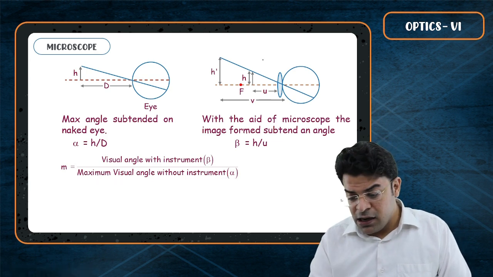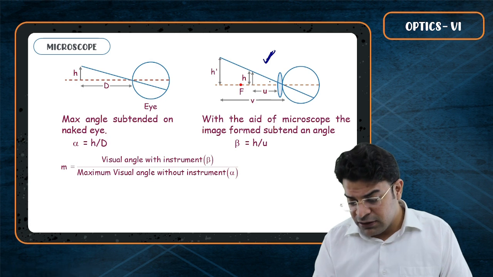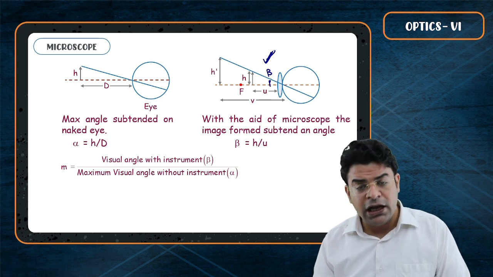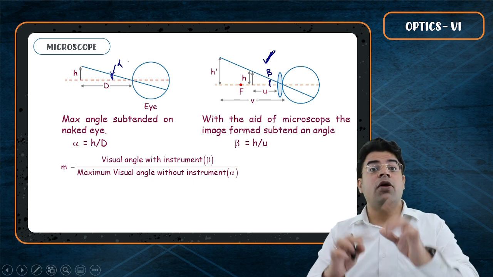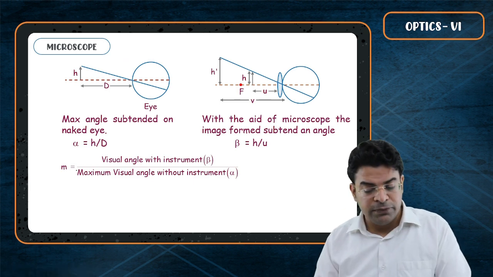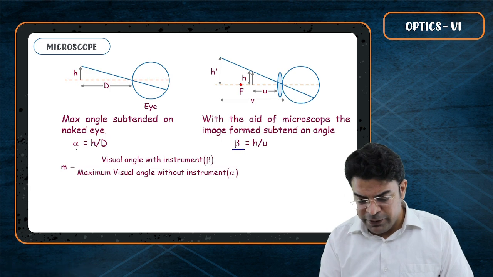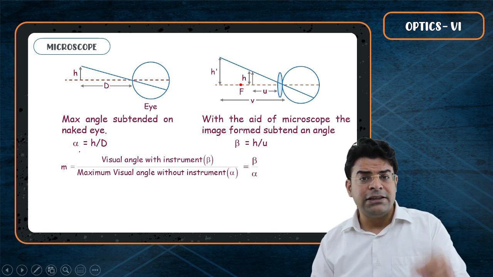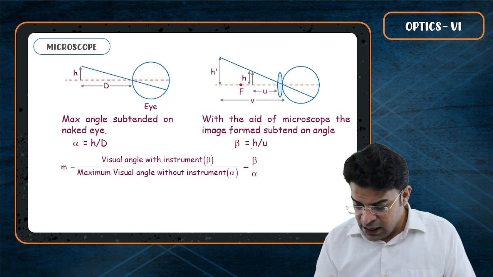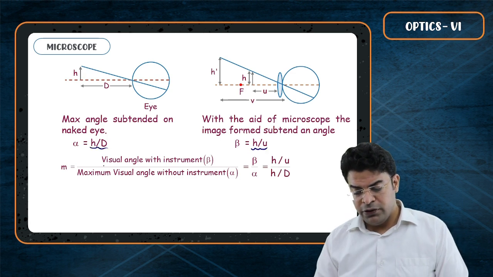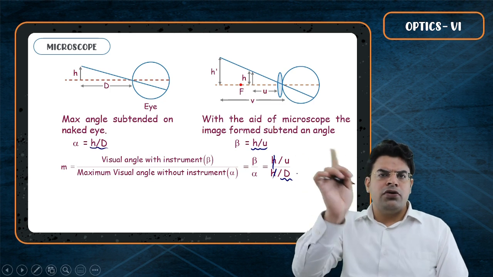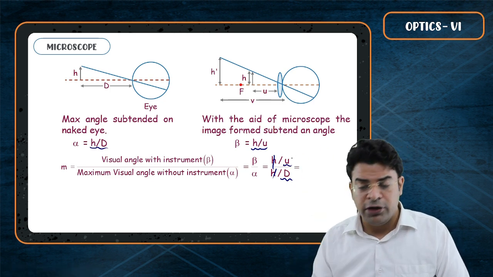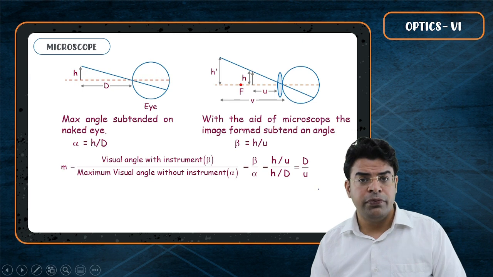So with the help of the instrument, whatever is the angle getting subtended on the eye, upon whatever is the angle getting subtended on the eye without the help of the instrument, that is called magnification. So magnification is nothing but beta by alpha, and you can write this beta by alpha as h by u upon h by d, and cancelling out h and h, this d moves from the denominator of the denominator to the numerator and u comes to the denominator. You get it to be equal to d by u.